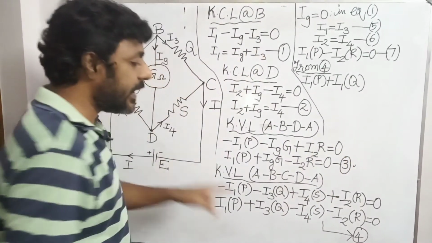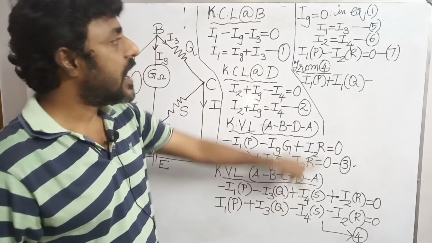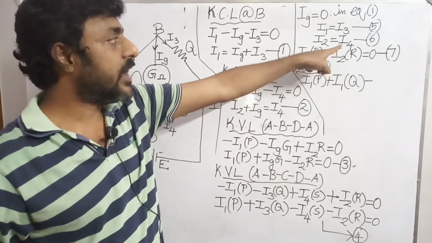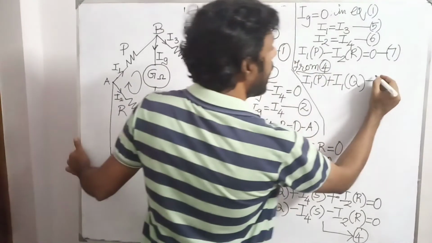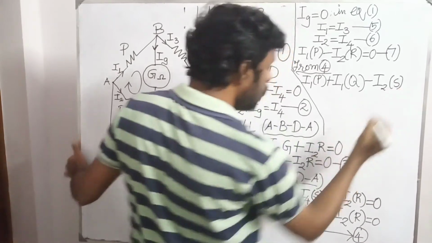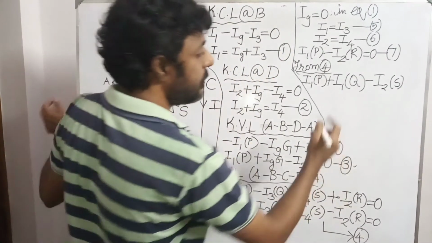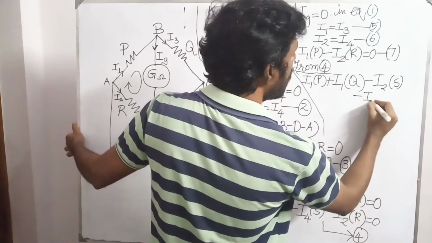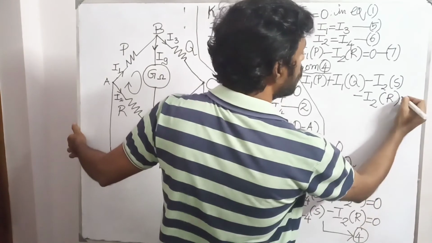Again, I am putting minus here, I4. I have already obtained the value of I4 as I2. So I am going to write minus I2 into S. Then minus I2 into R will be the same.